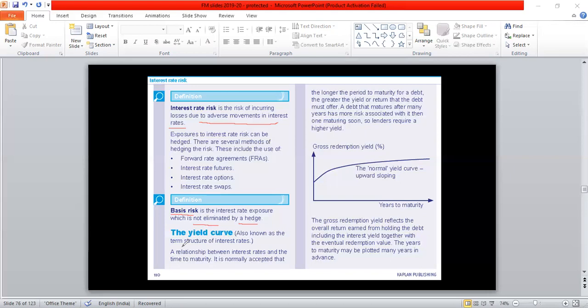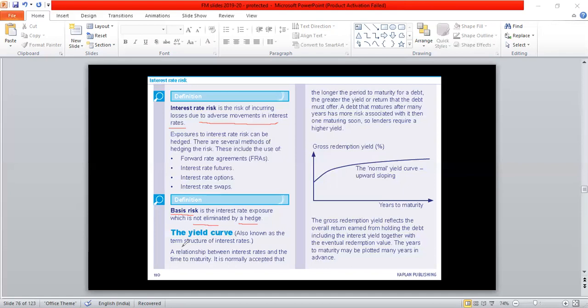So when the rates in the market fluctuate, because entities enter into agreements involving fixed rates, like in the case of bonds, when they are issued at a fixed rate, during the entire life of the bond capital, the interest amount paid to the investors is at a fixed rate, but the investors will be affected because the market interest rates are rising.